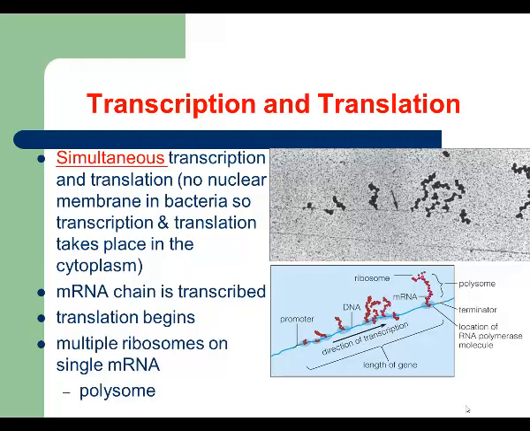Because bacteria are prokaryotes and they have no nucleus, transcription and translation can occur in the same place in the cytoplasm at the same time. That's why bacteria grow and multiply faster and have higher metabolism. And to support that metabolism, they produce more ATPs, more energy containing molecules than eukaryotes.